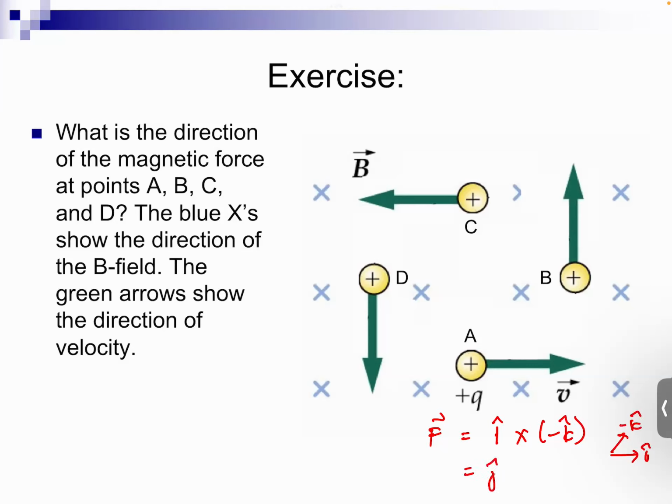Well, you know that the answer will be j hat and you're crossing in the anti-clockwise direction. So that's a plus j hat, meaning you'll have a force that's pointing upwards. If you do the same exercise for charge B, charge C, and charge D, you will find out that you will have a magnetic force. If you do that exercise, you'll find out that the magnetic force will be pointing towards some central point.